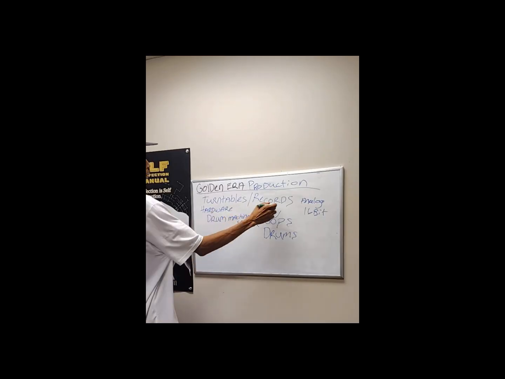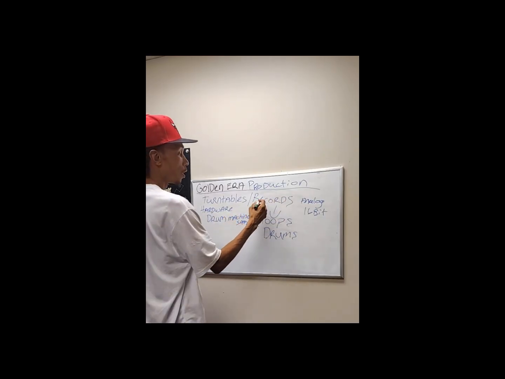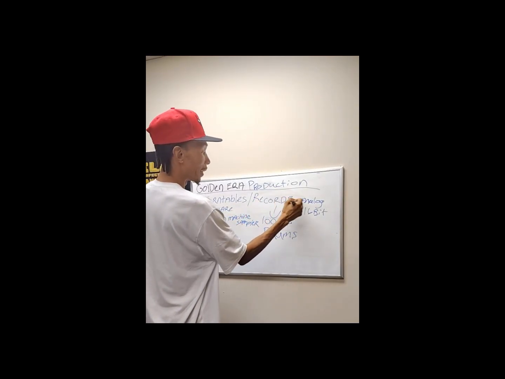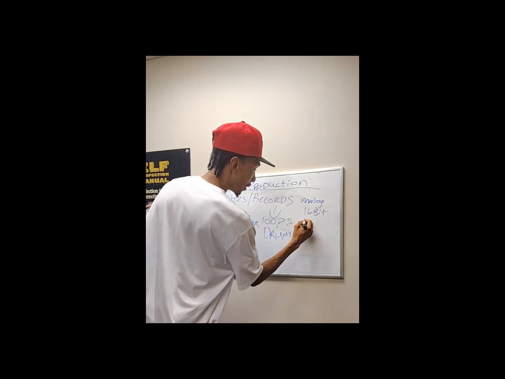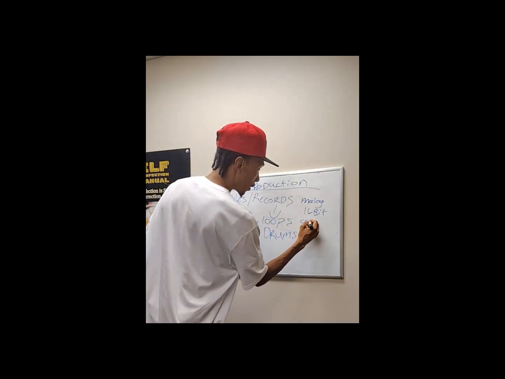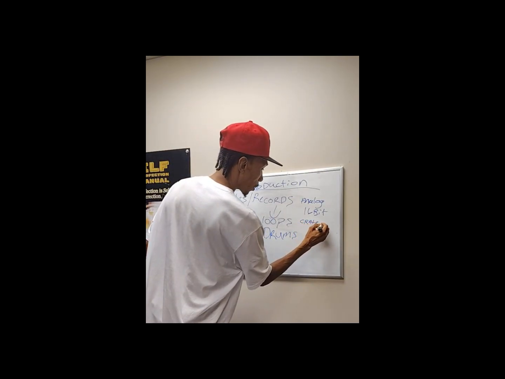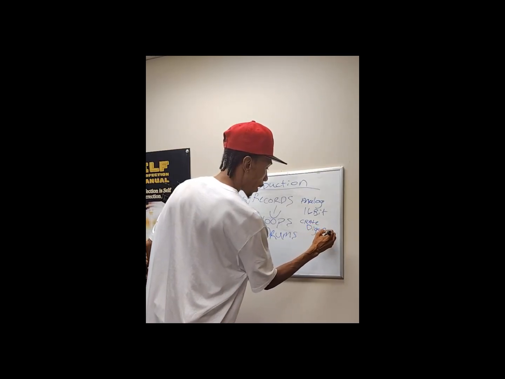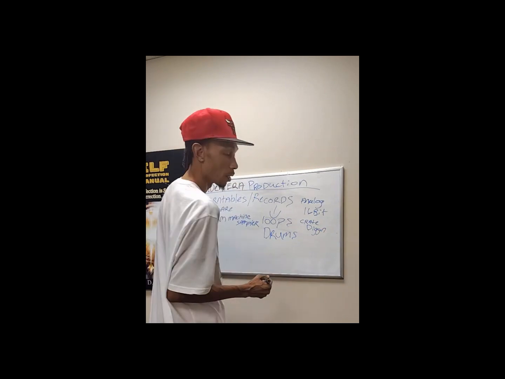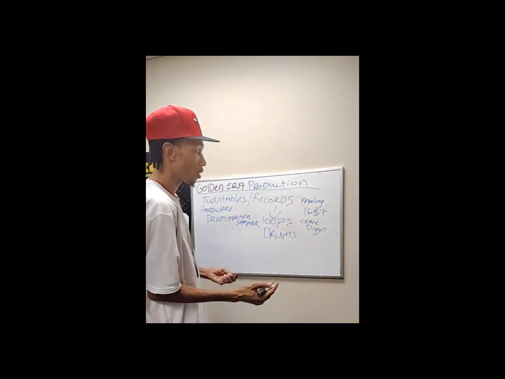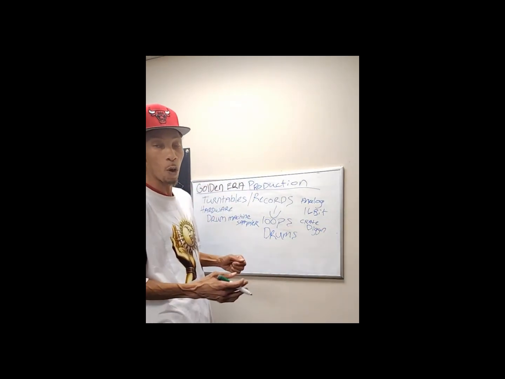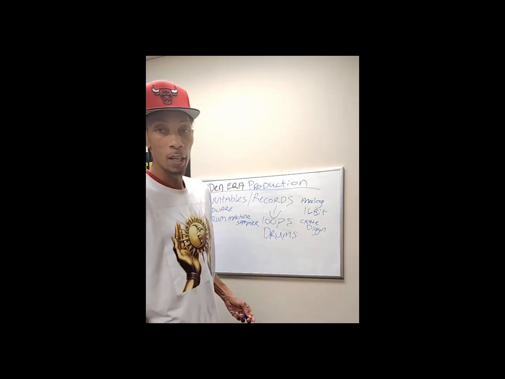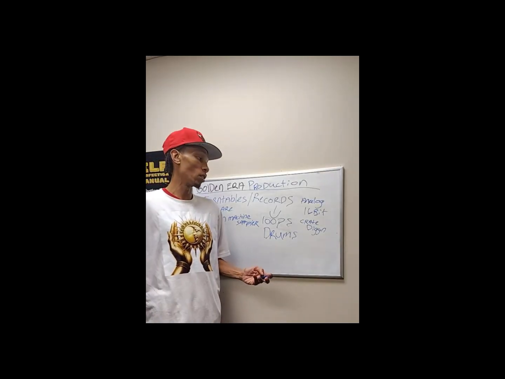But analog 16-bit, what we're messing with in golden era production: turntables, records, and from the records, digging, crate digging, record digging. These are terms you need to know as a hip hopper. A lot of these terms are not lost, but not widely used amongst hip hoppers, I don't think as much as they should be.